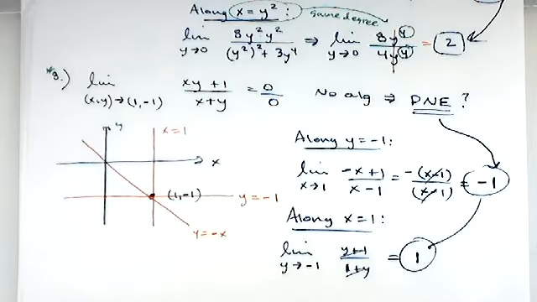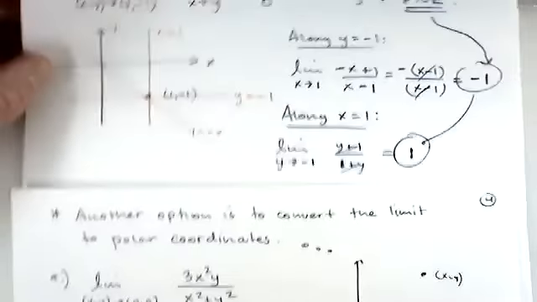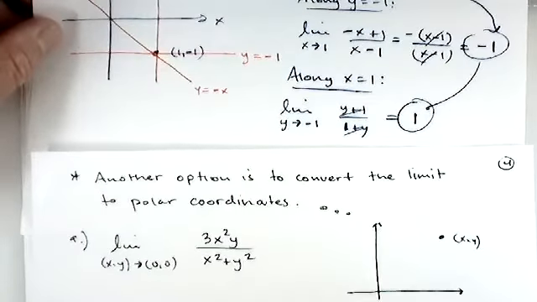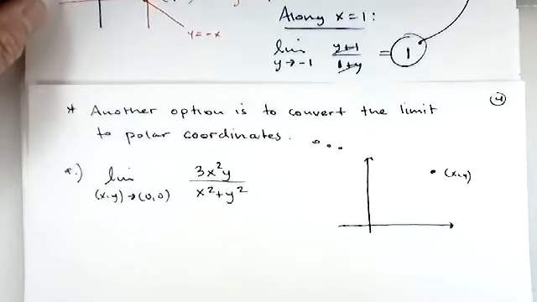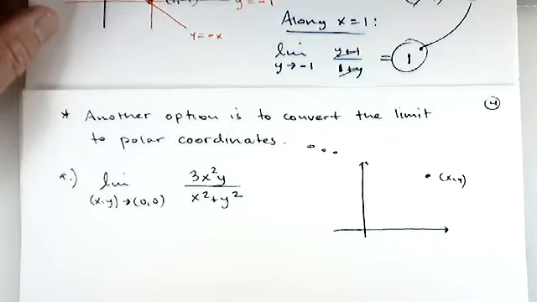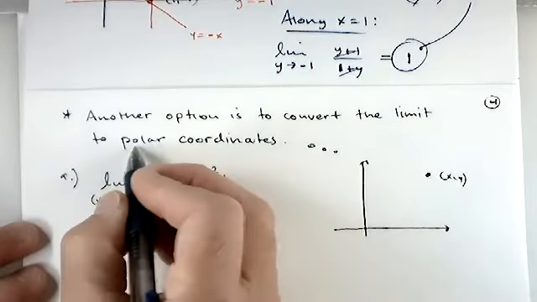Another option that I know some people have had to consider, if you're not to 14.2 yet, you may or may not do this. This is kind of an optional thing that gets covered in 14.2: some of these limits actually are easier if you run them in polar coordinates.